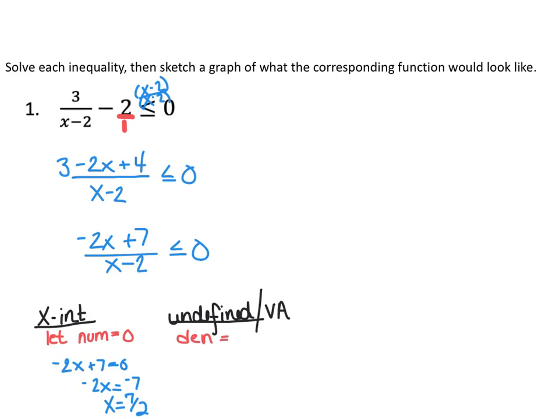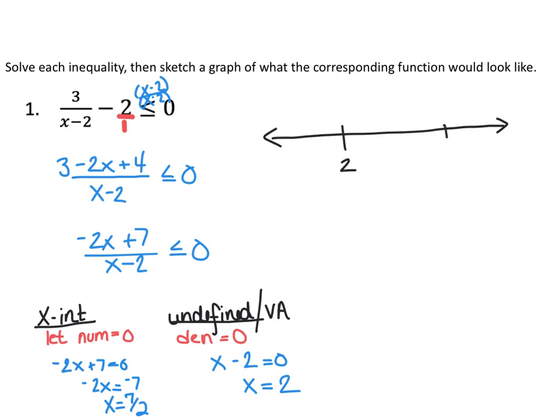This is where I let the denominator equal 0, and that would reveal that x equals 2 is an undefined point. So I'm going to set up a corresponding sign chart here, placing my 0 and my undefined value. At 2 it's undefined, and at 7/2 I have a 0.